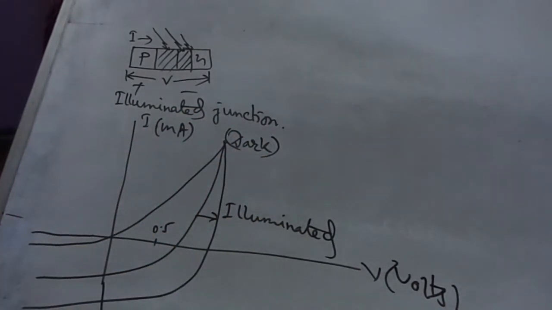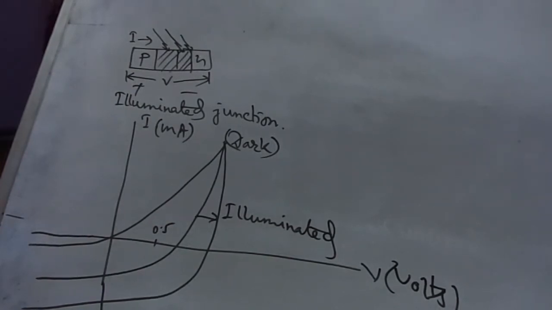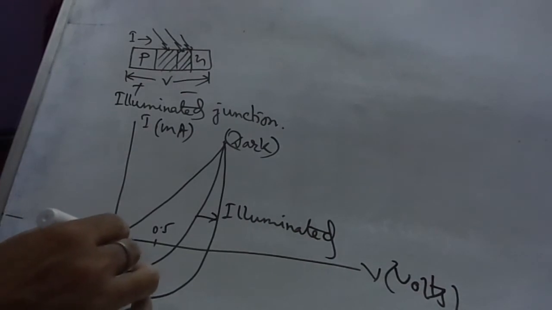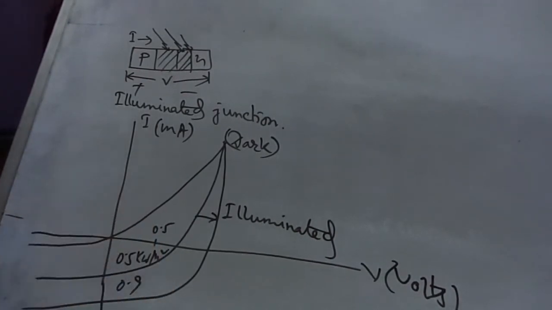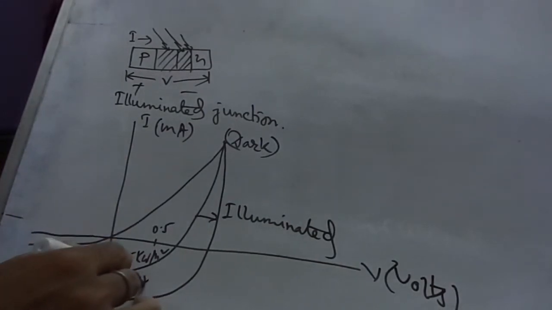Illuminated portion. The two readings are 0.5 kilowatt per meter square and 0.9 kilowatt per meter square.